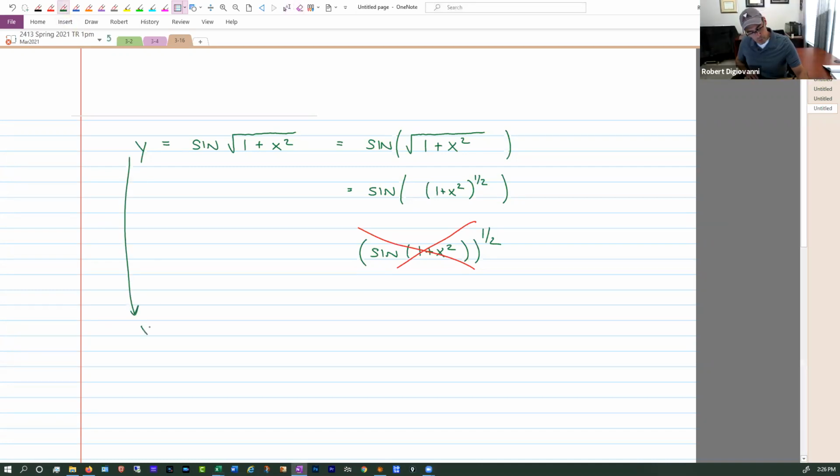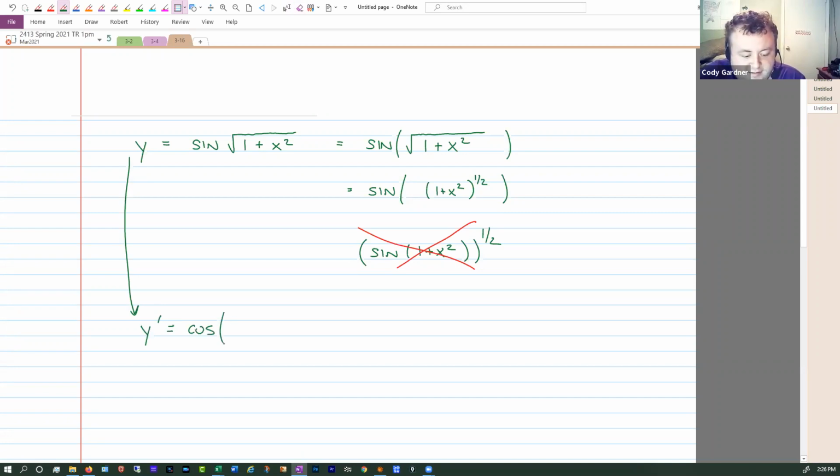It would be cosine of the parentheses 1 plus x squared to the 1/2 power, times 1/2 parentheses 1 plus x squared to the negative 1/2 times parentheses 1 plus 2x.